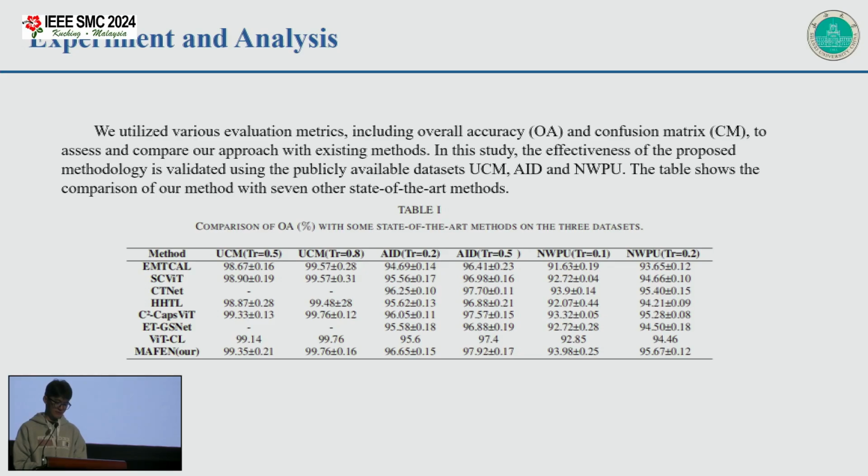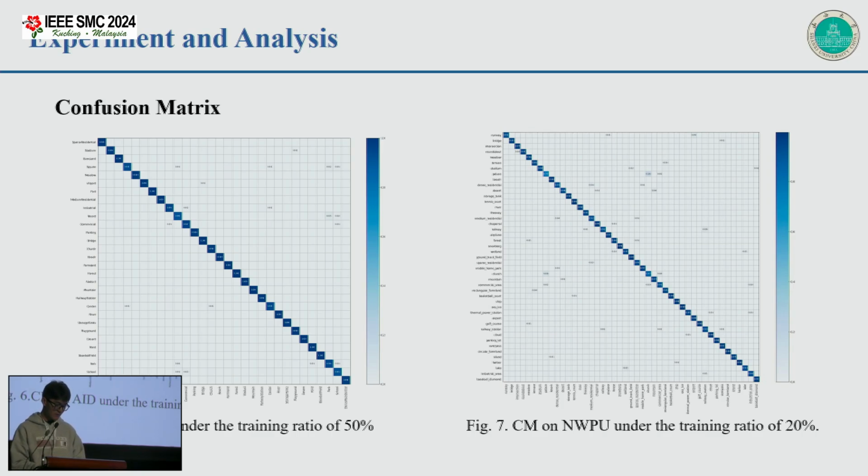In this study, the effectiveness of the proposed methodology is validated using the publicly available datasets UCM, AID, and NWPU. The table shows the comparison of our method with 7 other state-of-the-art methods. The figure shows the confusion matrix on both datasets.